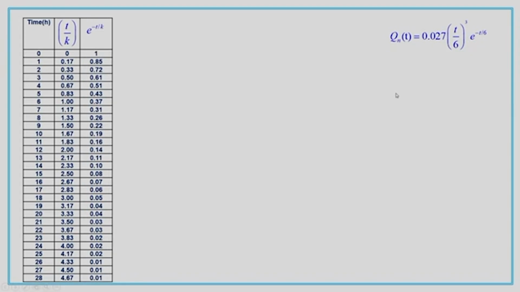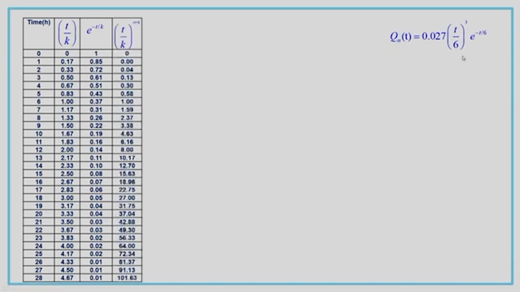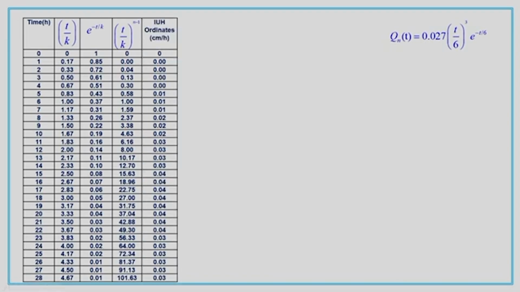We also need t by K to the power of n minus 1, that is t by K to the power of 3, which is listed in this column. Next we can move on to the calculation of Q and t, that is the IUH ordinates. The unit is centimeters per hour, as given here.